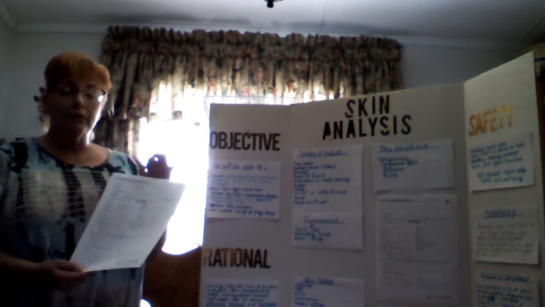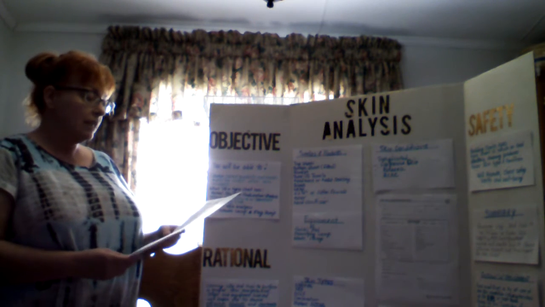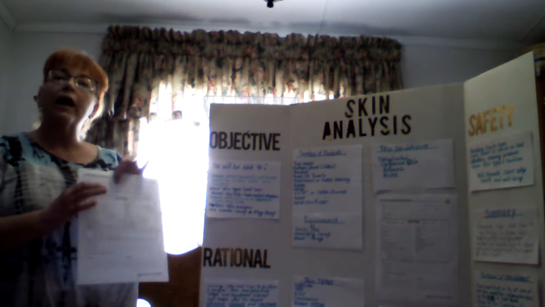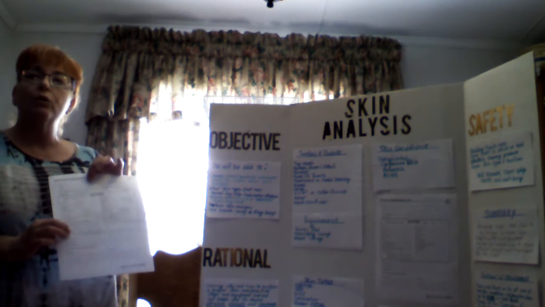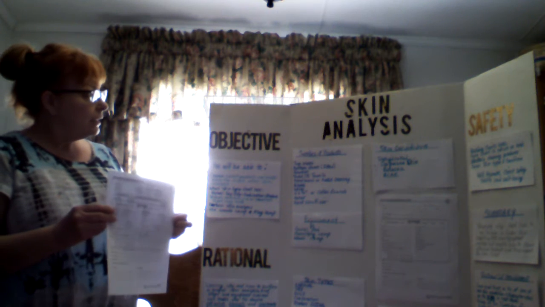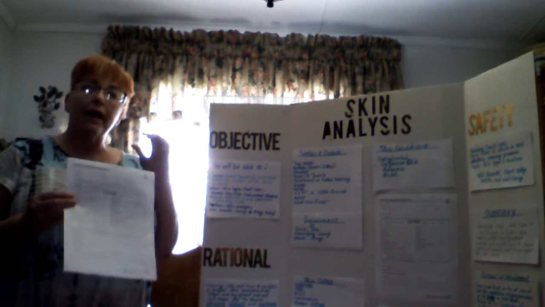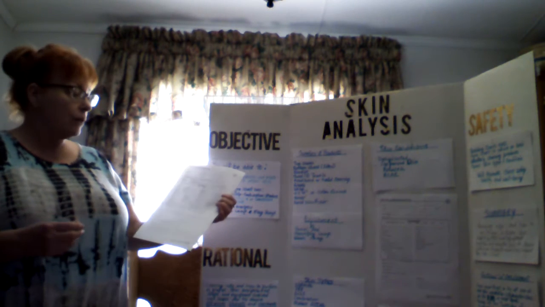They'll have their name, their phone number, the date that you are performing the skin analysis. You will write down what your findings are, what skin type you have typed your client's skin, any conditions or disorders that your client may have. You want to make sure that you document those.